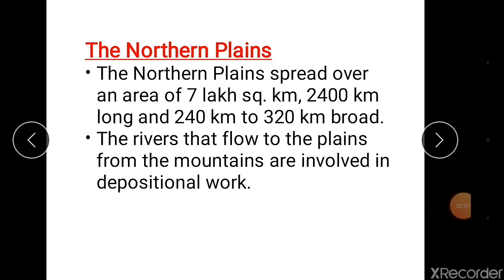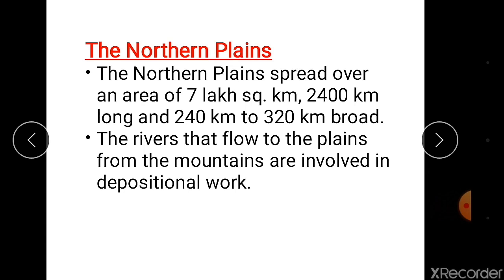The deposition of alluvium in a vast basin lying at the foothill of the Himalaya over millions of years. The deposition by these rivers at the foothill of Himalayas took millions of years to form these fertile plains. It spreads over an area of 7 lakh square kilometers.